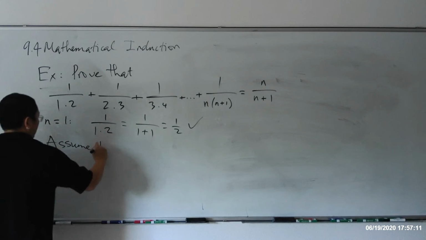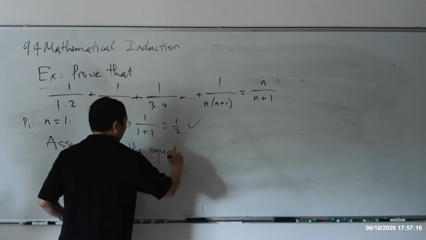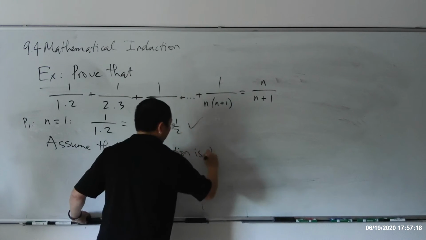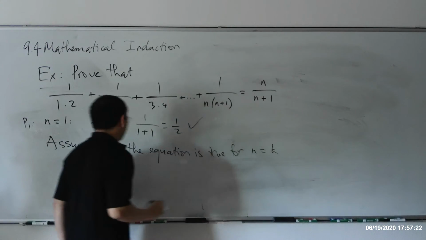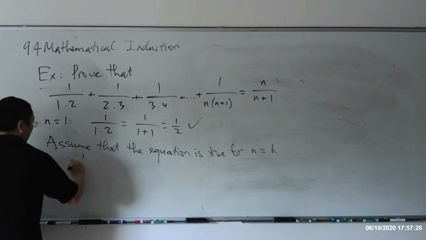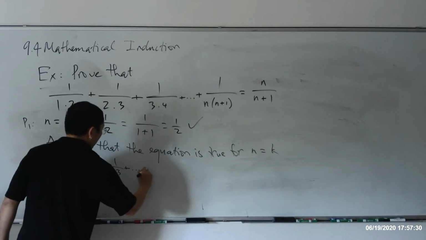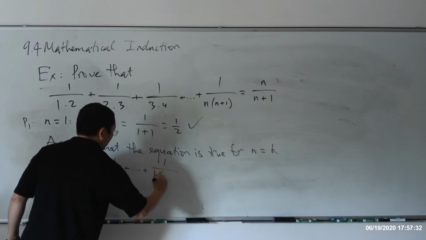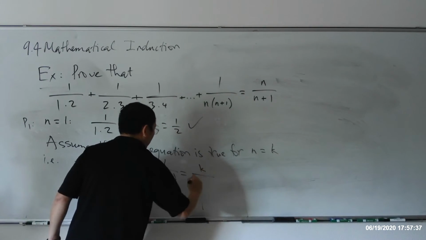Assume that the equation is true for n equal to k, which means 1 over 1 times 2 plus 1 over 2 times 3 plus and so on all the way to 1 over k times k plus 1 will be equal to k over k plus 1.